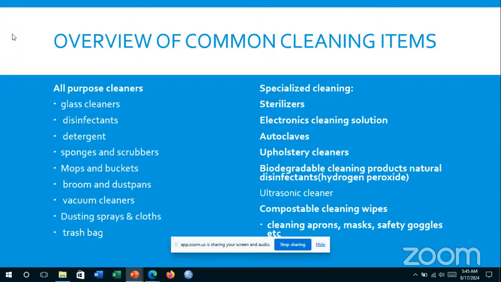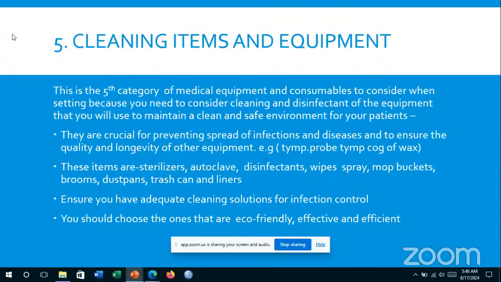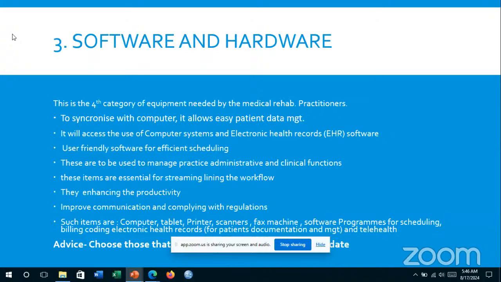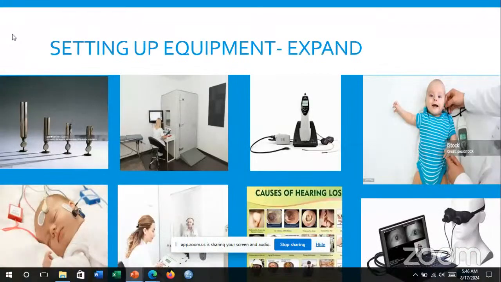So setting up equipment expands to how many procedures, how many patients do you want to see? What are the categories of patients you want to see? Abroad, audiologists have specialized in different areas.